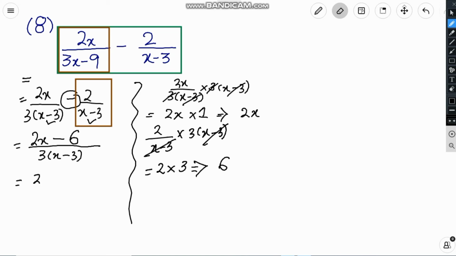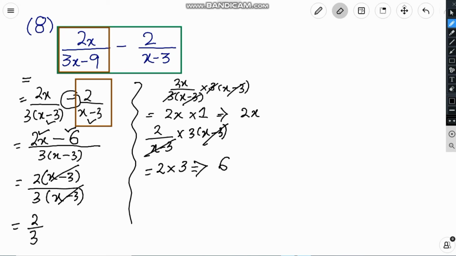Now simplify it. You can make it simpler. As you can see, 2 in the numerator, 2 is common in these two terms, so just take it common. Here remains x minus 3, because 2 times 3 is 6, over 3 into x minus 3. Okay, now x minus 3 cancels with x minus 3, so our answer is 2 by 3.